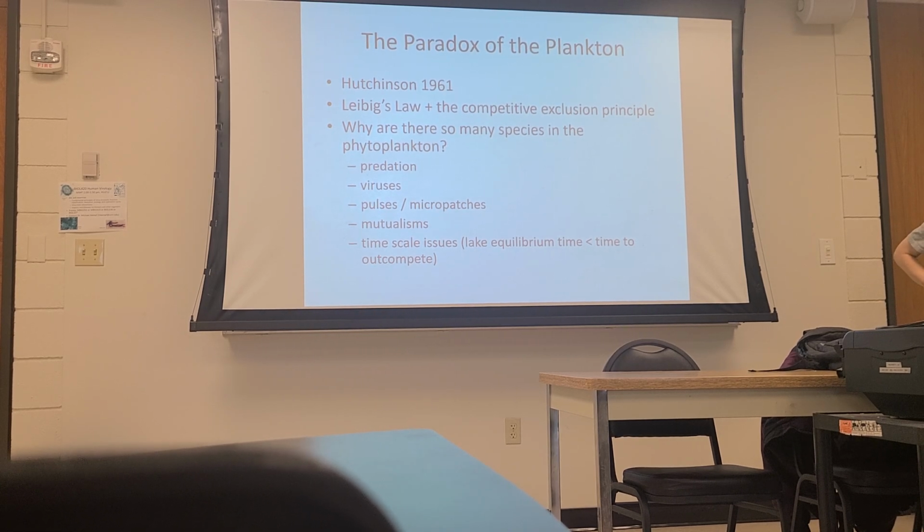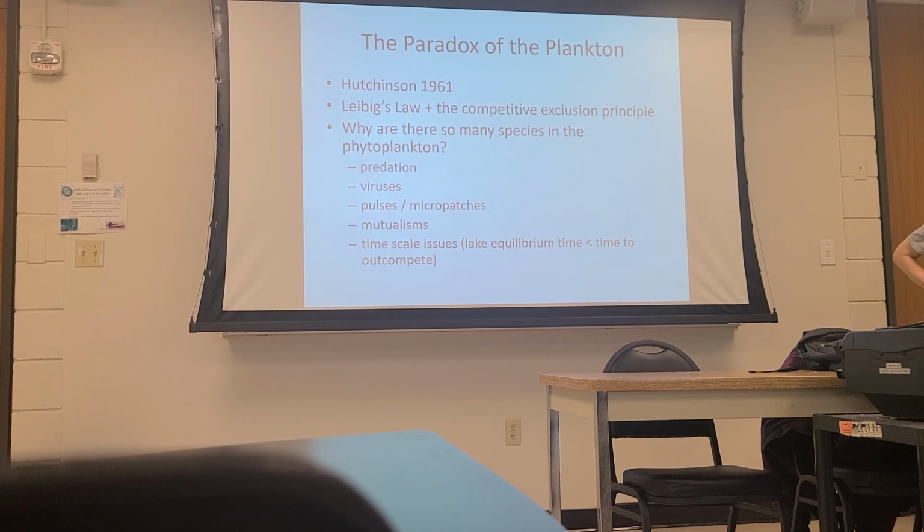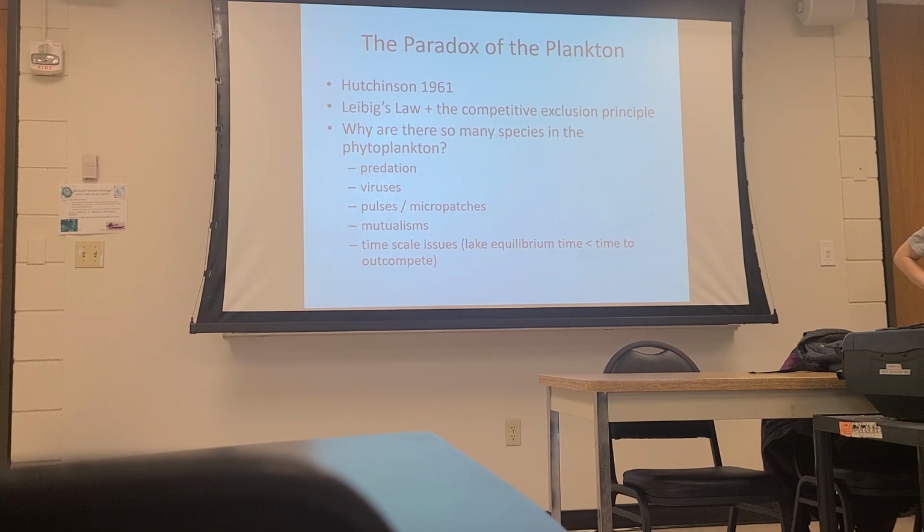So the lake might just change faster than all that competition. It might take less time for the lake to change than for the algae to outcompete each other. And so by the time the lake changes, the competition is different. Alright, that makes sense?